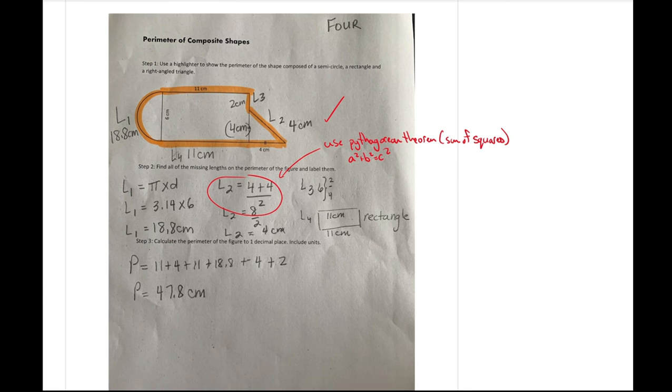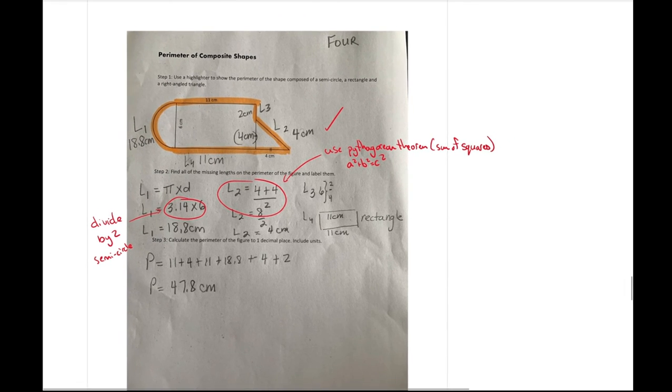However, they need to divide by 2, because it's a semicircle, or a half circle. So this individual just needed to make that small adjustment, understanding that we're dealing with a half circle and not a full circle. Otherwise, they have the right steps. They're adding up the correct sides, with just some slight calculation errors in determining 2 of the lengths.